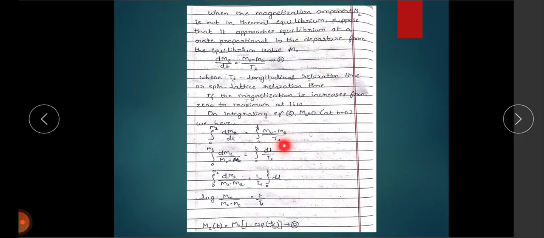In the left-hand side, the numerator term M0 minus Mz goes to the denominator of the left-hand side, that is dMz divided by (M0 minus Mz), which is equal to integration from 0 to t of dt, where the denominator term goes to the numerator of the right-hand side. So this expression becomes dt divided by T1.